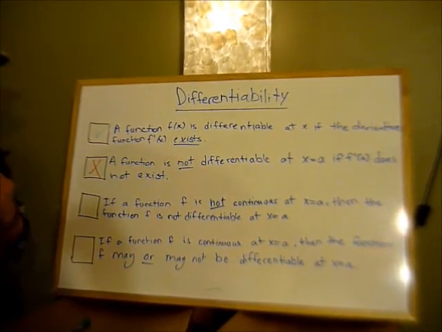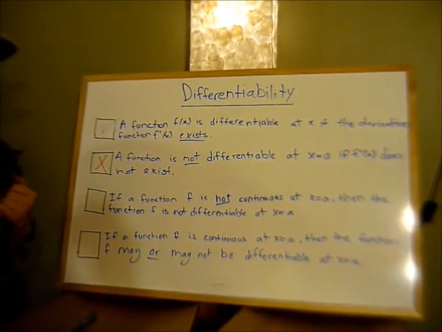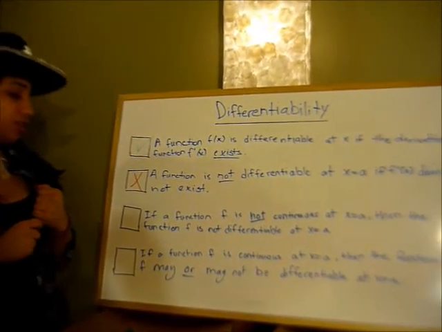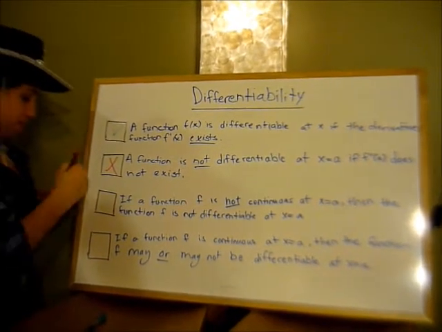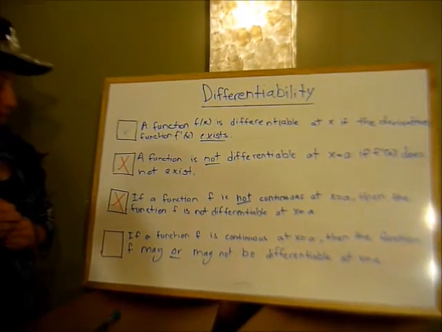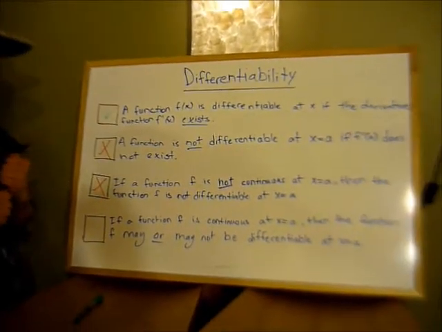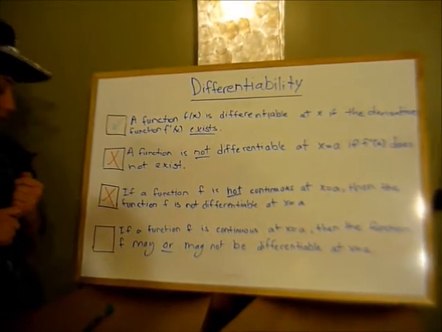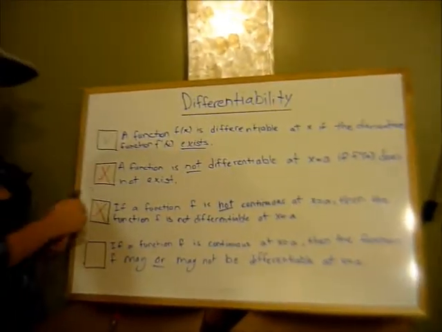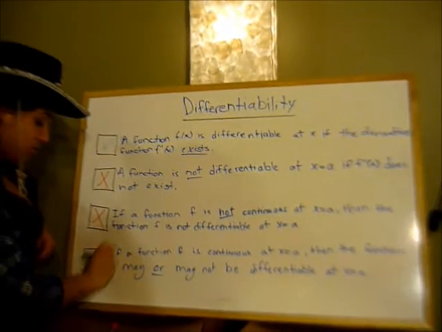Also, if a function f is not continuous at x equals a, then the function f is not differentiable at x equals a. Lastly, if a function f is continuous at x equals a, then the function f may or may not be differentiable at x equals a. So you have to determine that one by calculation.